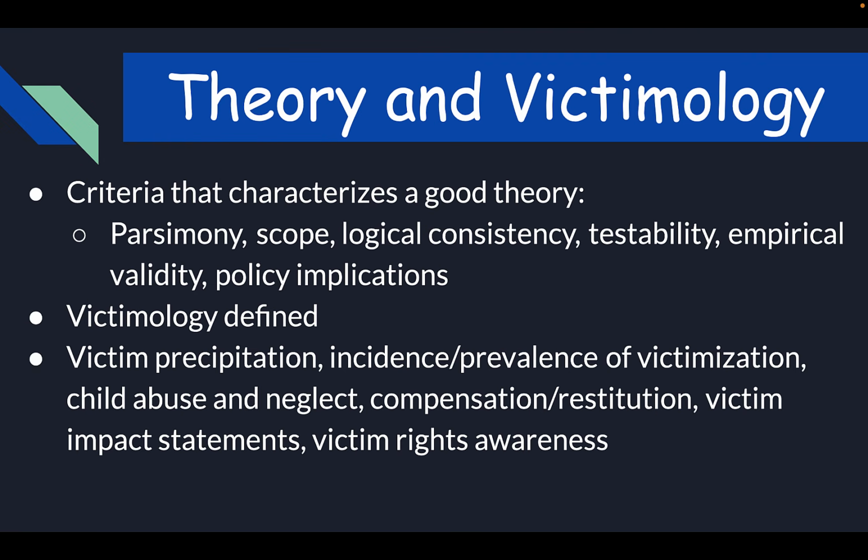But anyway, we really want to understand this kind of victimology of how do people pick certain people as their victims, and also how do we then figure out who's most likely to be victimized so we can protect them, right? So victim precipitation is when an individual does or does not do something that increases the risk that they will be victimized.